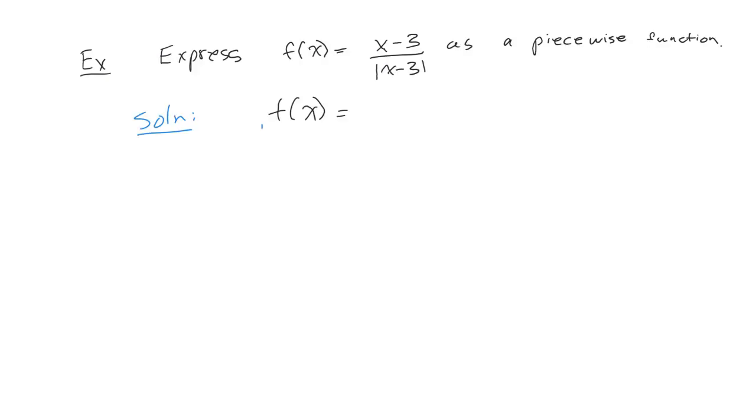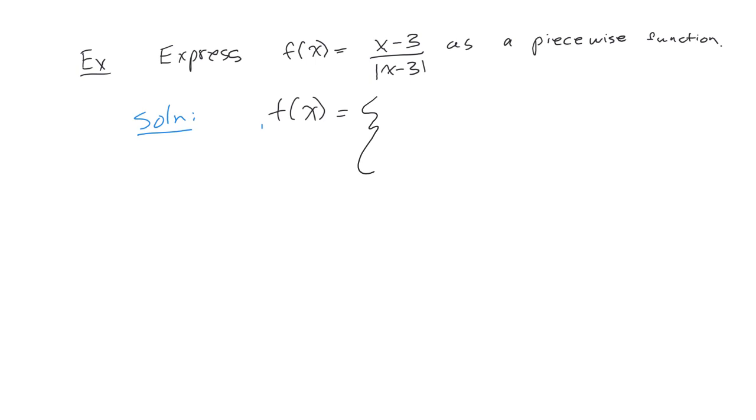All right, so this next problem says to express f of x is equal to (x minus 3) over the absolute value of (x minus 3) as a piecewise function. Here's the first thing that you need to remember. For an absolute value, there are two halves, a positive half and a negative half.